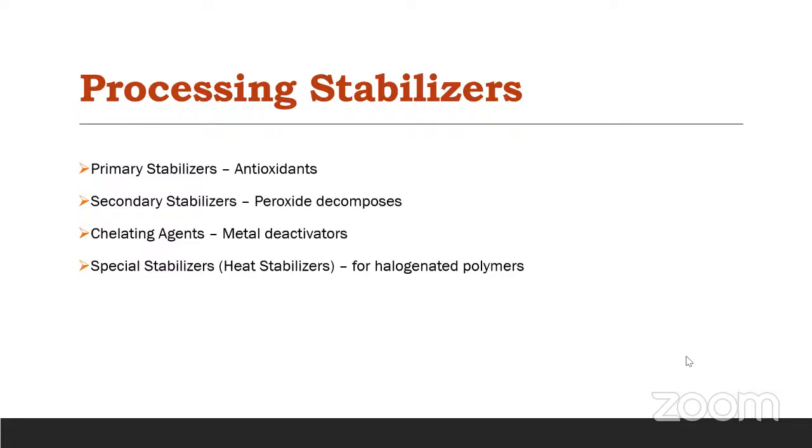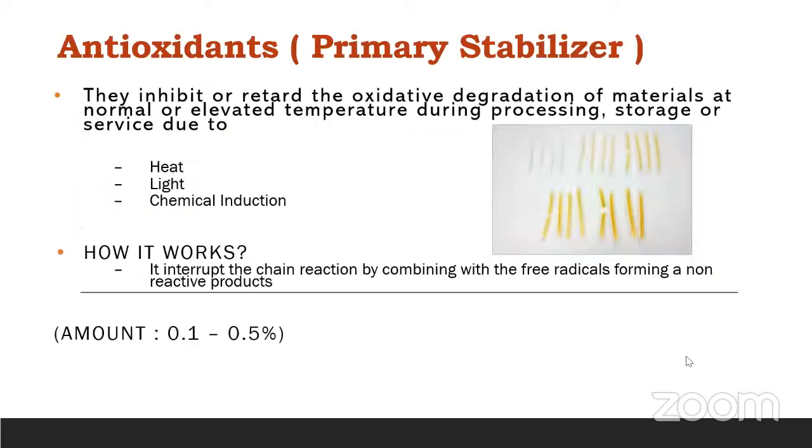Examples of some processing stabilizers which I have given were hindered phenols, some thioethers, and some phosphides. They can also be used as antioxidants in polyvinyl chloride. Now talking about the antioxidants, they are the primary stabilizers.